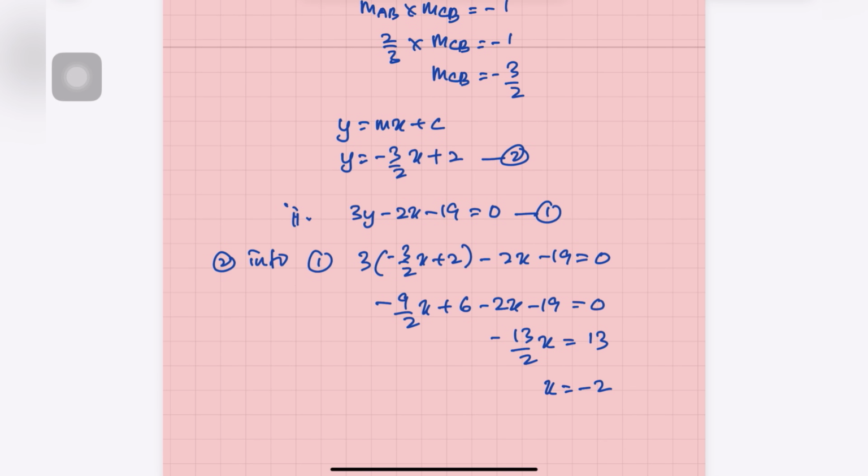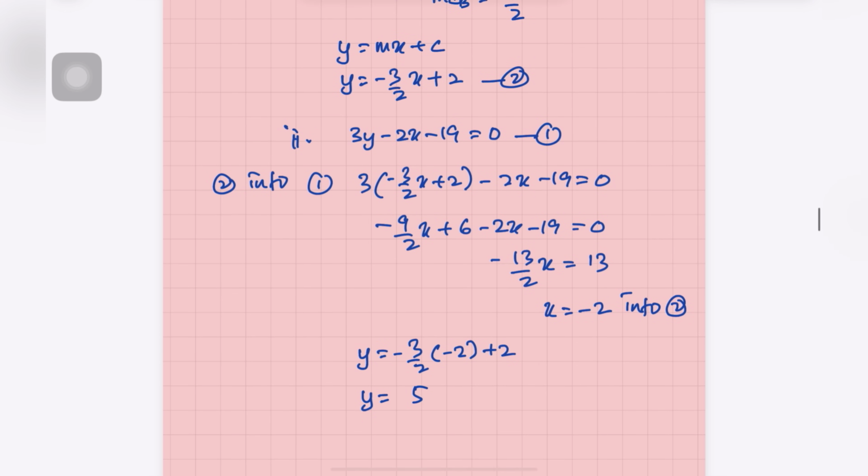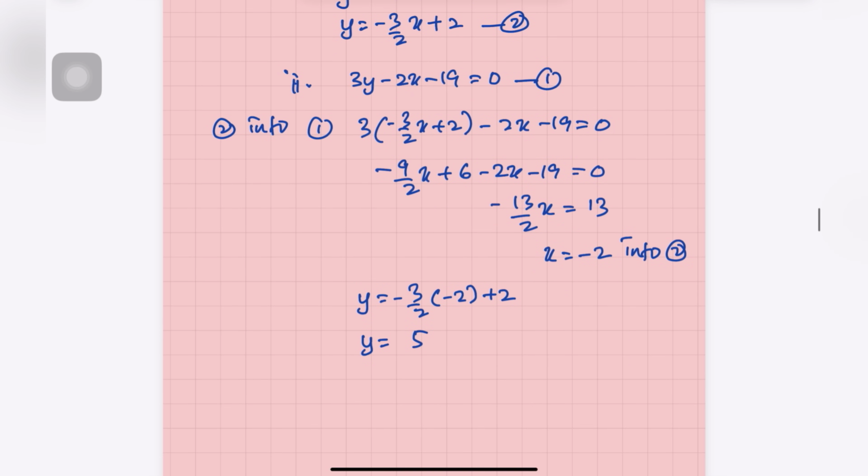Then we substitute into equation 2 to find y. So y equals negative 3 over 2 times negative 2 plus 2. So y equals 5. So the point B is negative 2, 5.